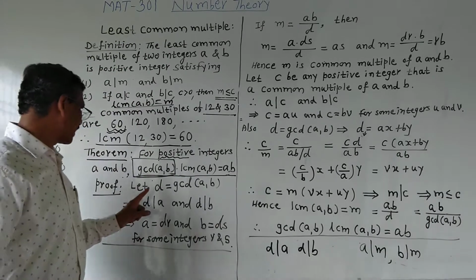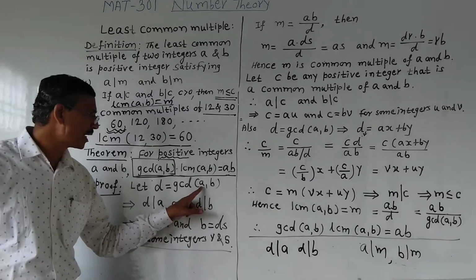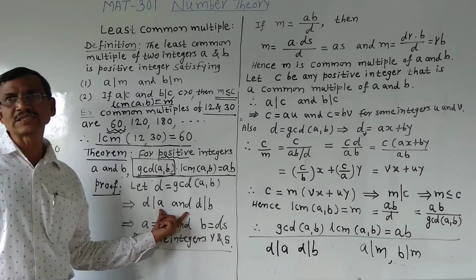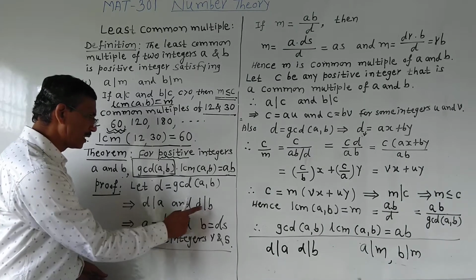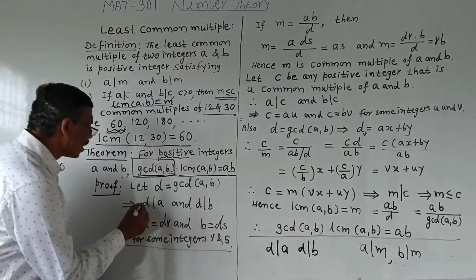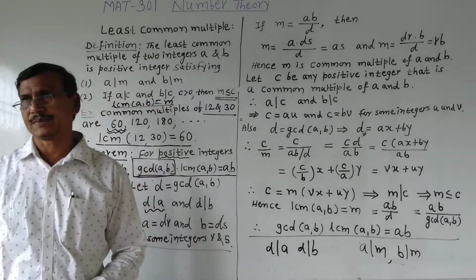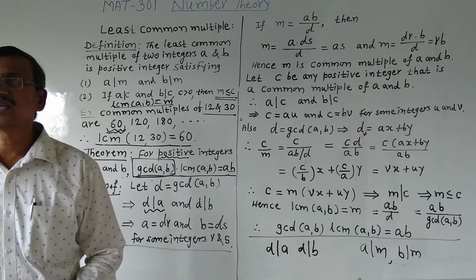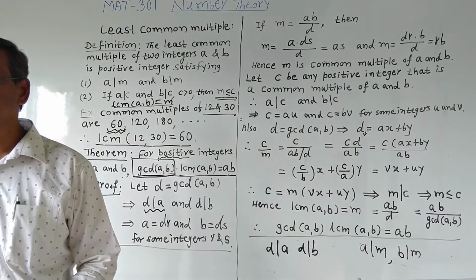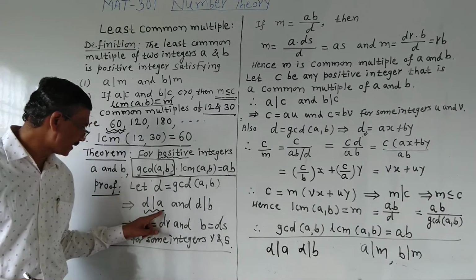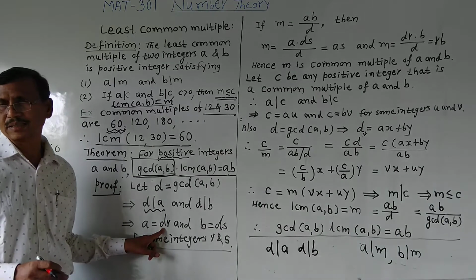Here our assumption is that D is the greatest common divisor of A and B. As D is a common divisor of A and B, which divides both the integers A and B, that means D divides A, D divides B. Now here D divides A. Apply the definition of divisibility. Where A divides B, we write B is equal to A into some integer X. Similarly here, as D divides A, this A can be written as D into some other integer.